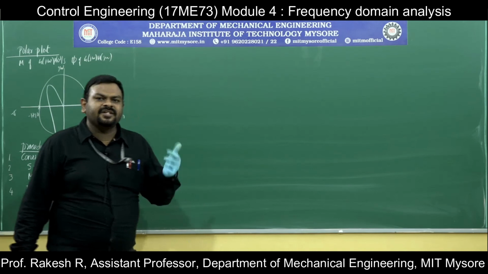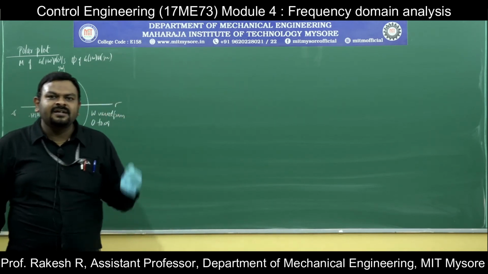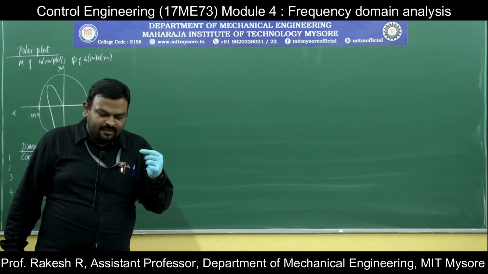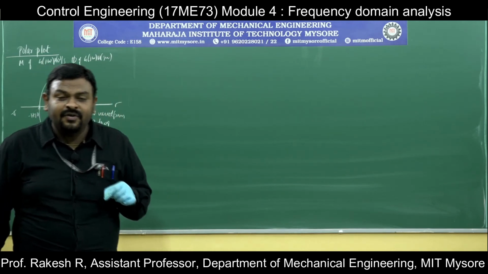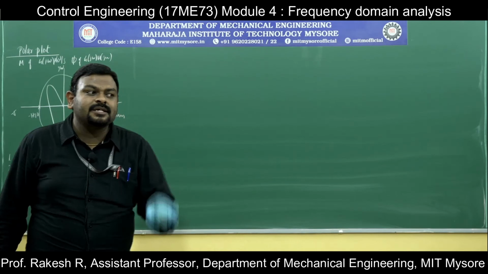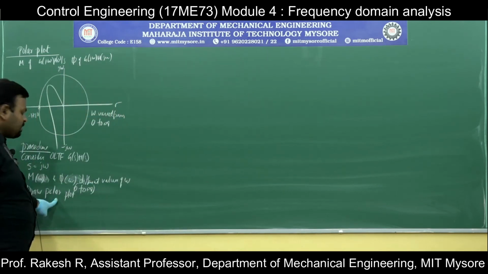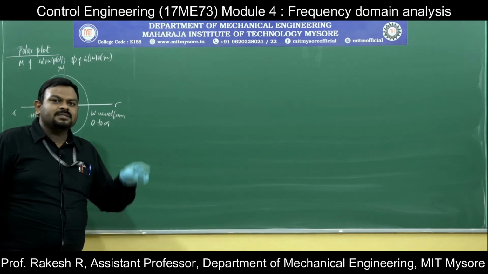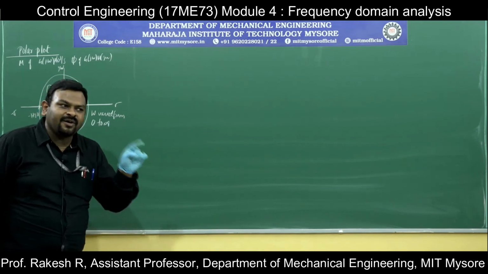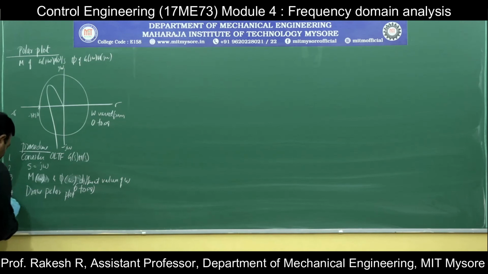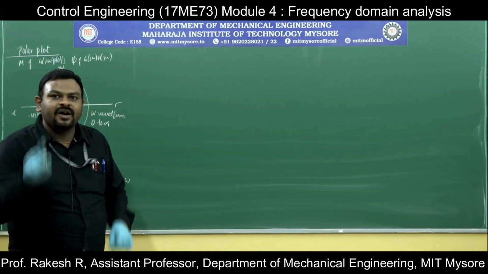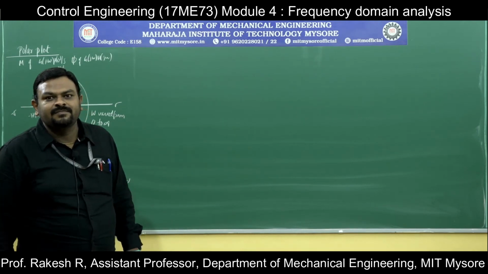Sometimes there might be an extension part. You have to locate the magnitude and phase angle, or magnitude and frequency, at the intersection point. After this, you need to check whether the plot is crossing the imaginary axis or not. If the plot is crossing, you have to locate the intersection point.